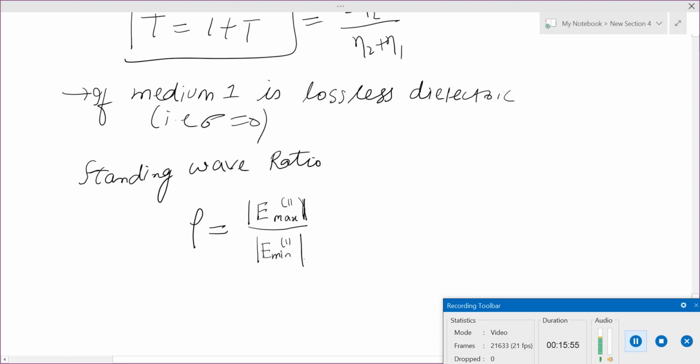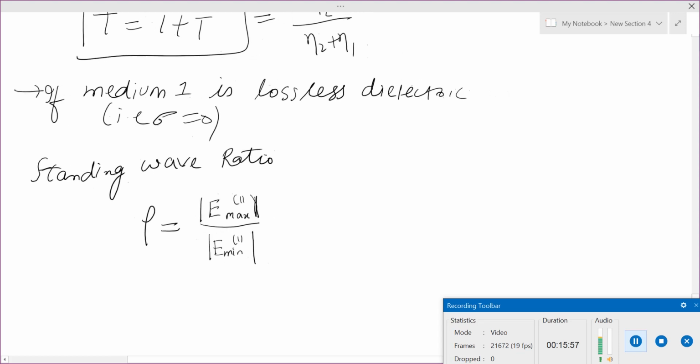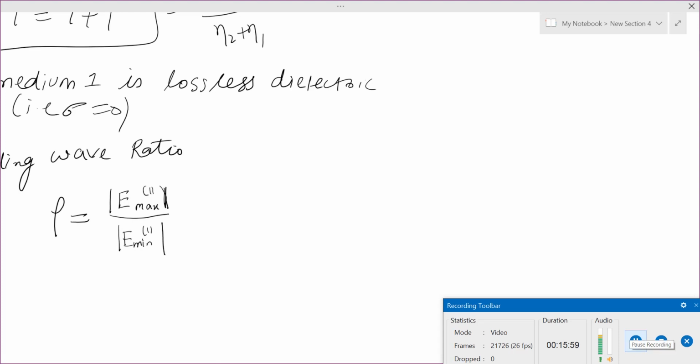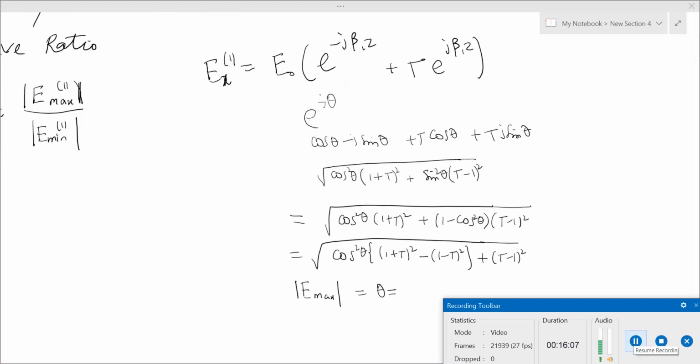Okay, now let's find what the quantities will be. We know how E max is defined. E1 is defined. Ex1, to find its maximum and minimum value, I have written here something. I will tell you what it means. You denote this beta 1 z as theta.